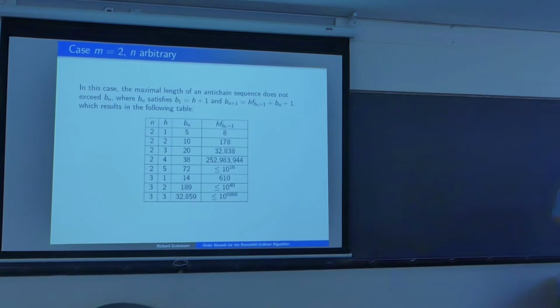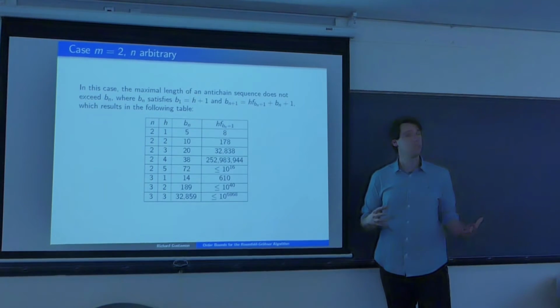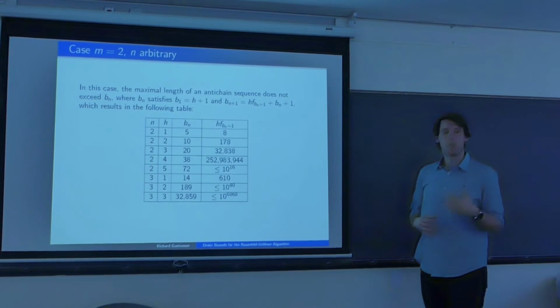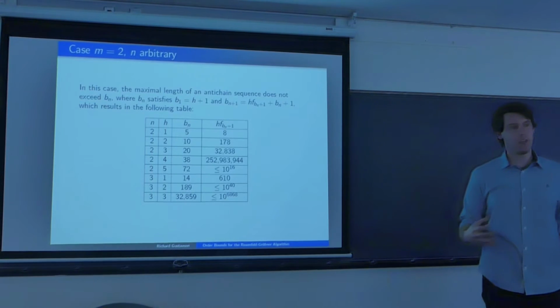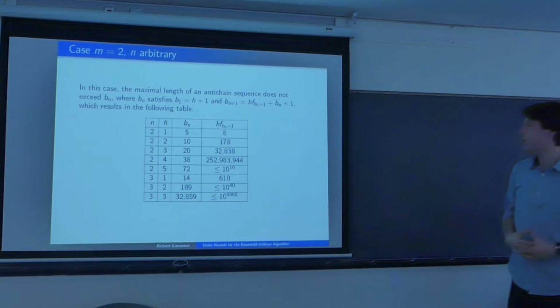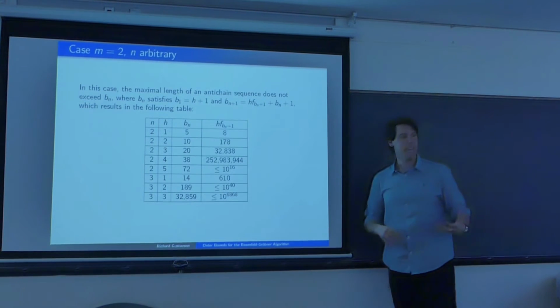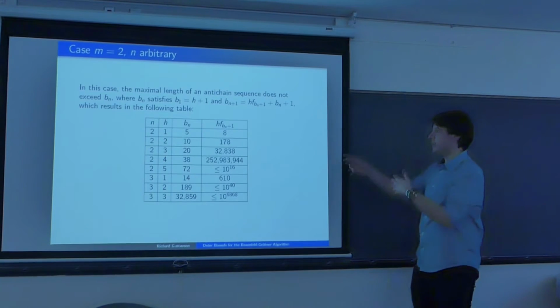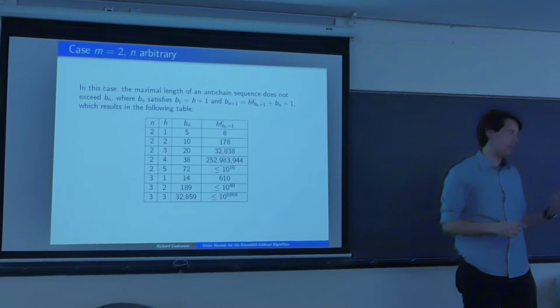In the case m equals 2 and n arbitrary, there's a very nice recursive formula for the longest length of an anti-chain sequence. It is given by this number b sub n, where b1 is h plus 1, and b sub n plus 1 is given by this formula: h times f sub b_n plus 1, plus b_n plus 1.